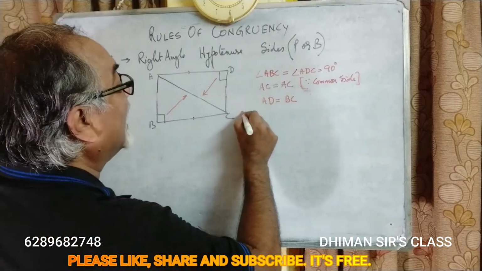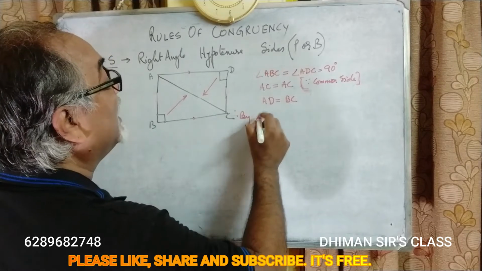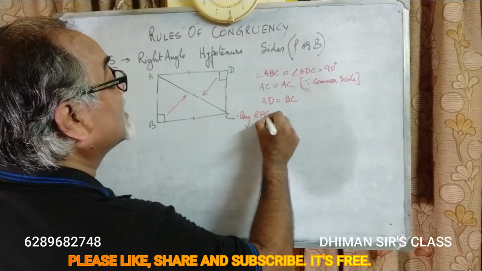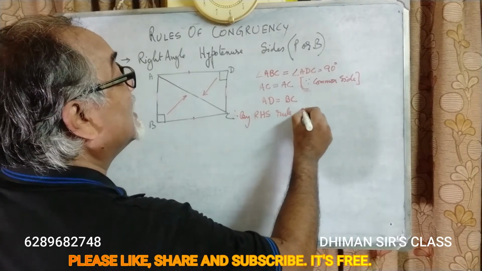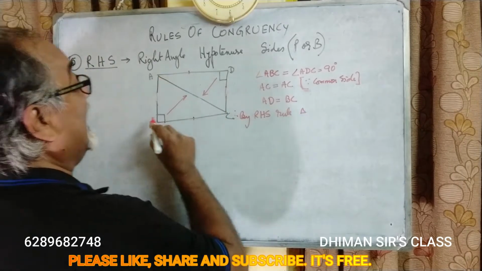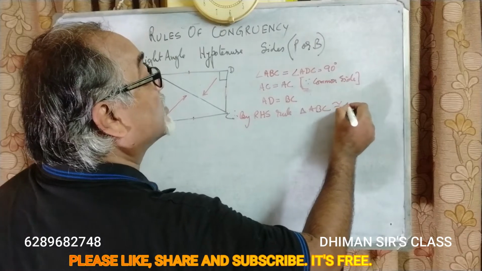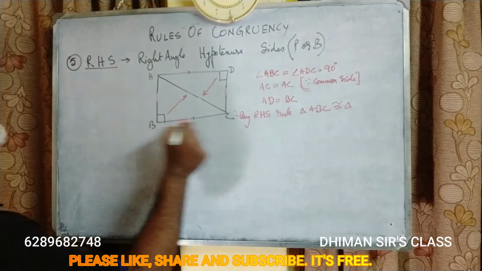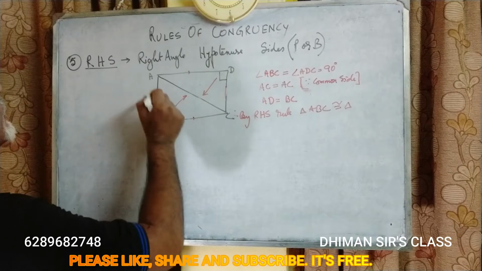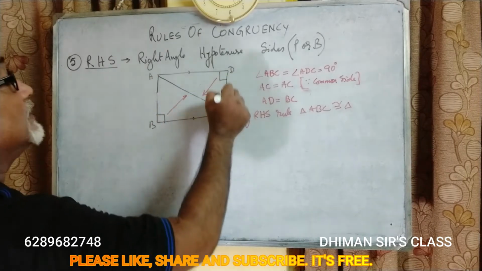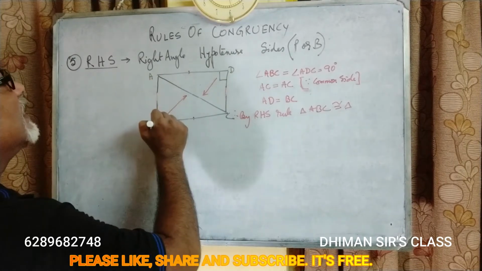So, therefore, by RHS rule, triangle ABC is congruent to triangle. From the uncommon side, means this side, AB is there.